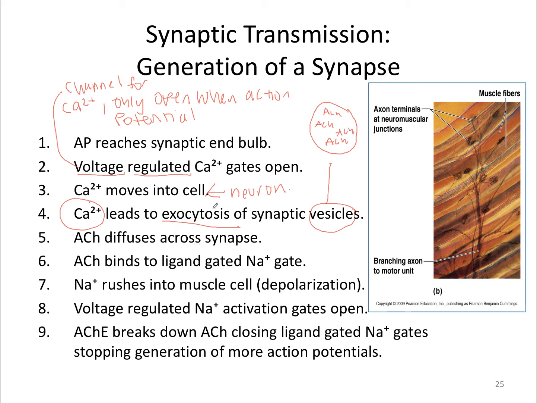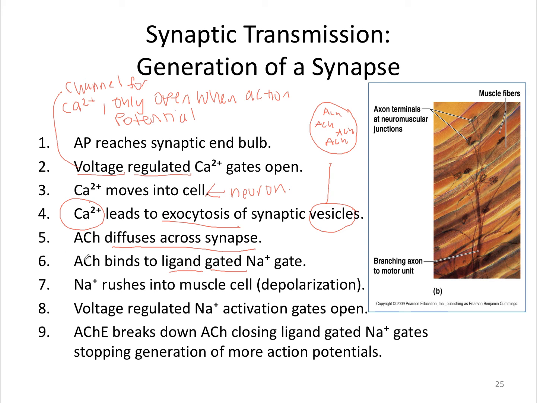So exocytosis means that this vesicle is going to fuse with the plasma membrane at the end of the neuron, and that will blorp that acetylcholine out into the synapse or synaptic cleft. So it's going to diffuse across the synaptic cleft, and it's going to bind to an acetylcholine receptor, which is a ligand-gated sodium channel.